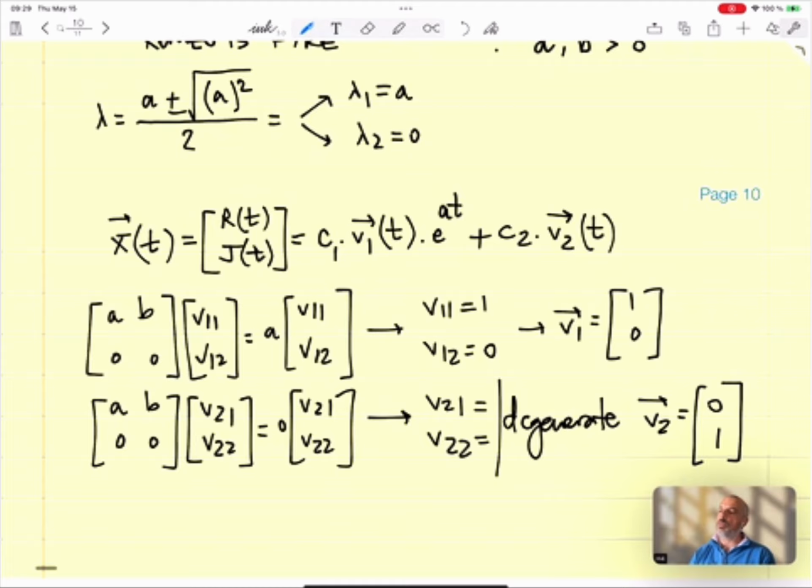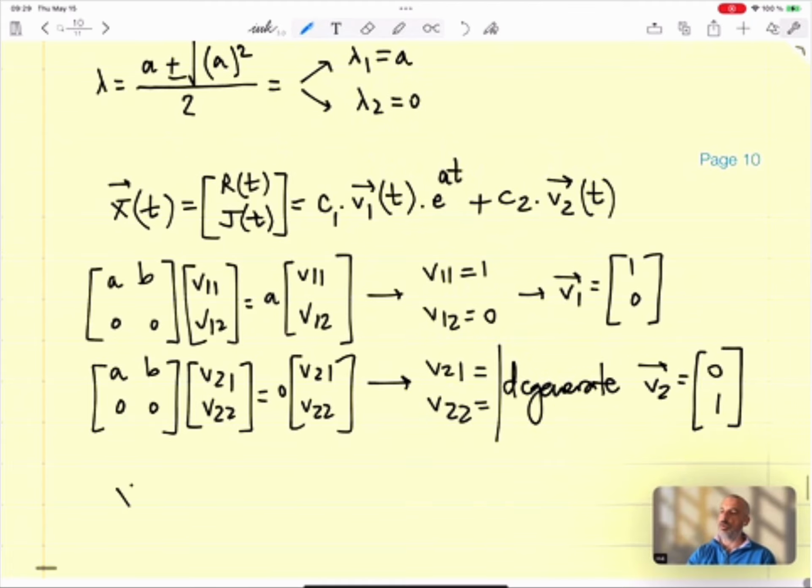As a result, we have the following behavior: c1 (1, 0) exponential, plus c2 (0, 1).